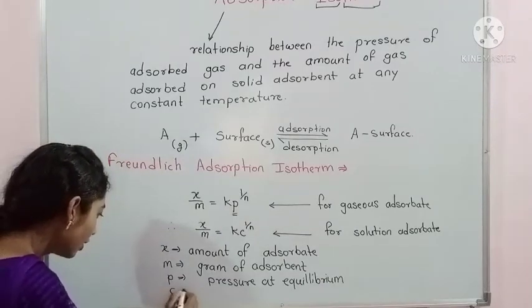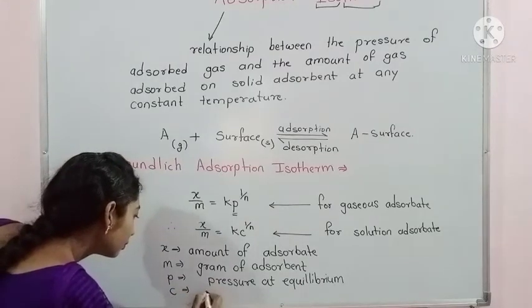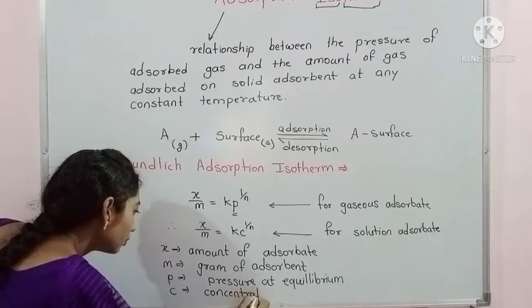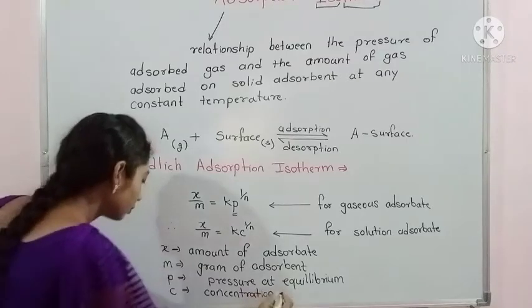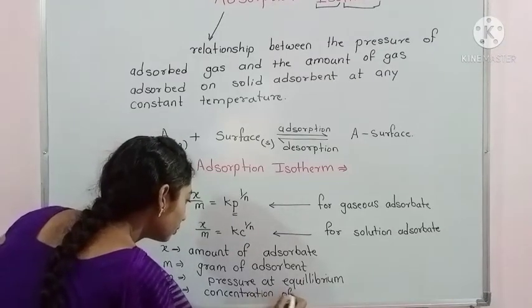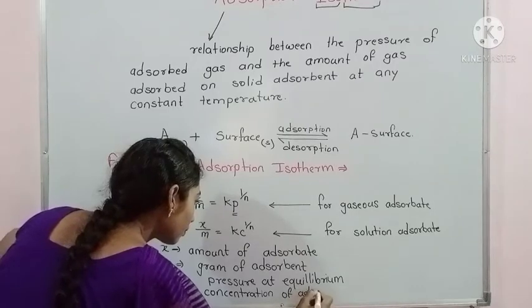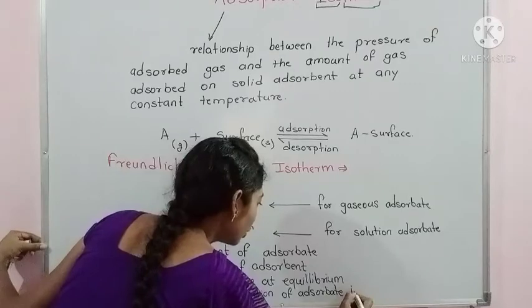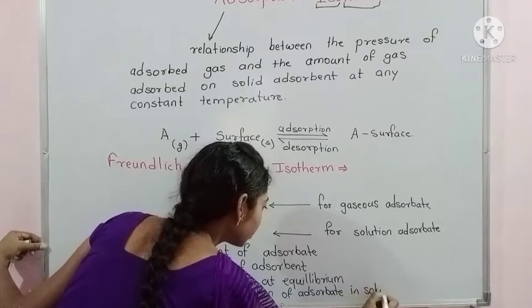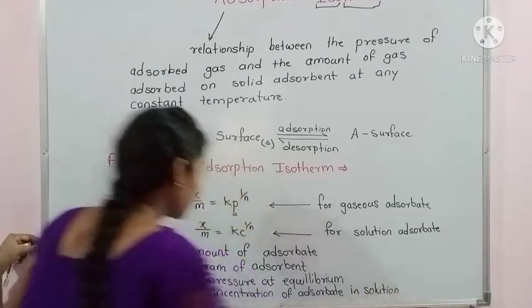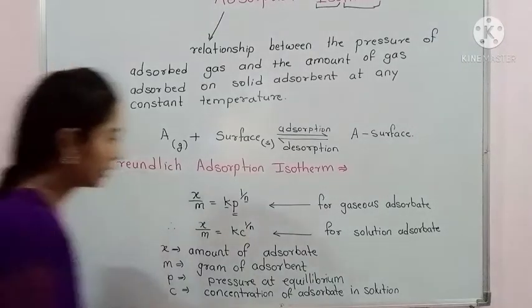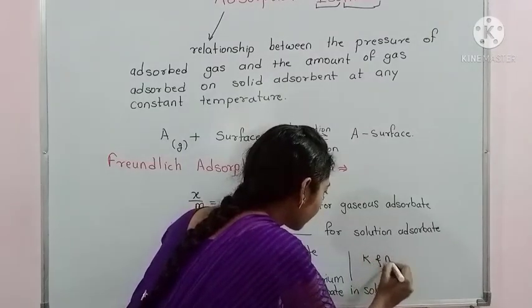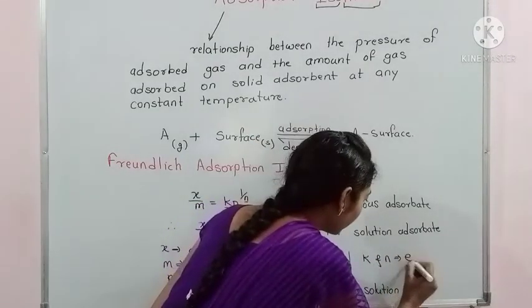C is the concentration in solution. And K and n are equilibrium constants.